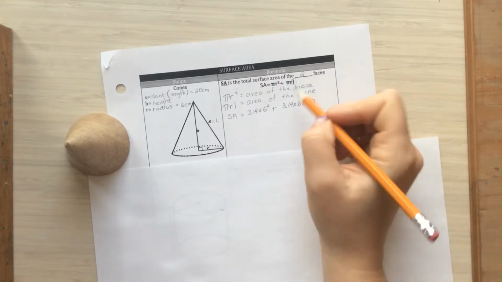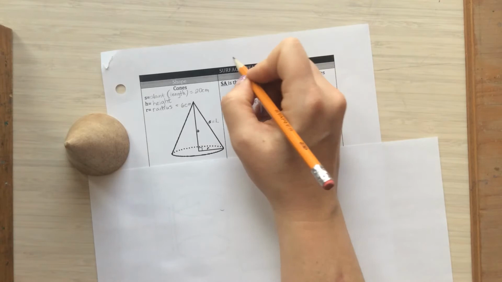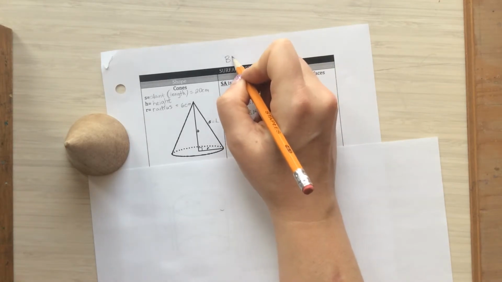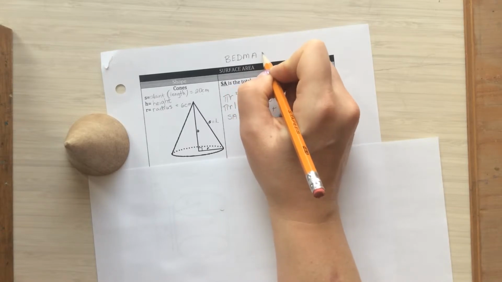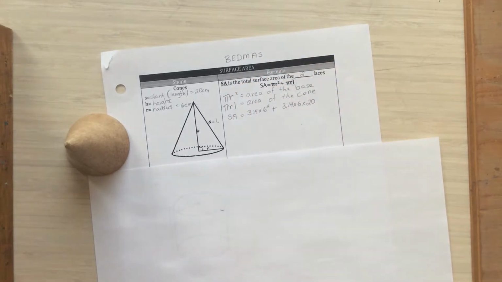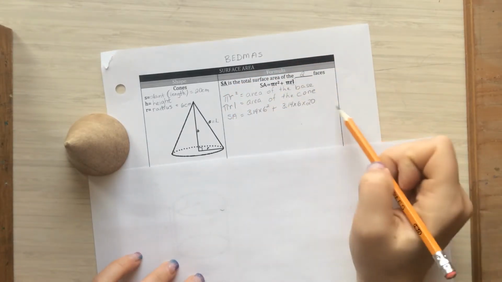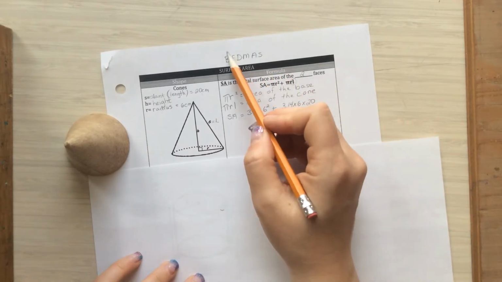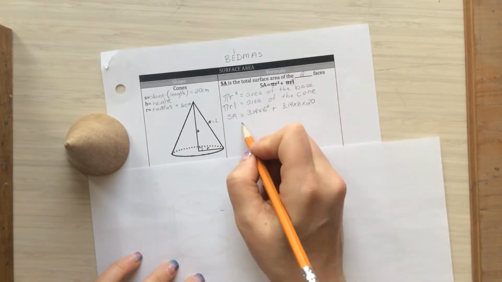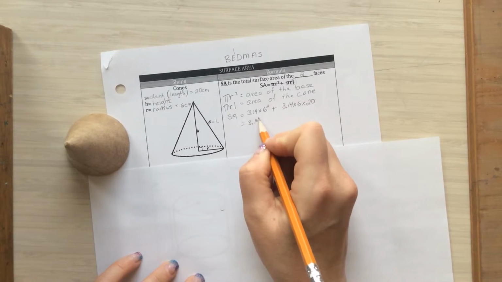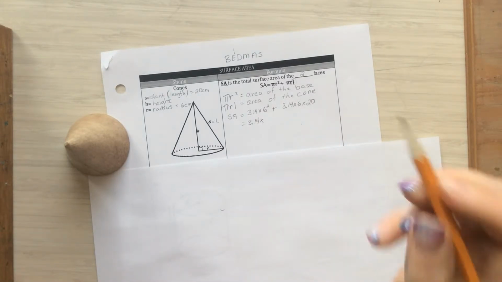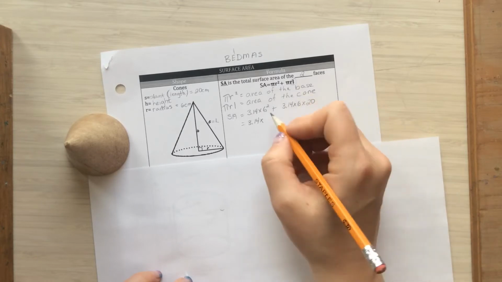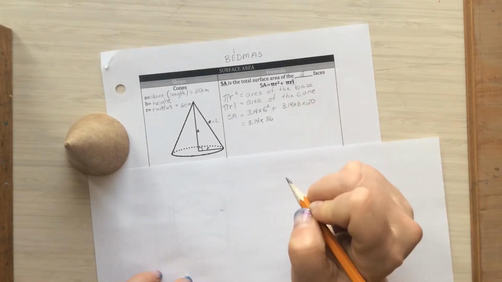Okay, so let's put some brackets in here so we can remember what we're doing. We've got our brackets, exponents, division, multiplication, addition, and subtraction. Brackets, we don't have any there yet, so the first thing we need to do is our exponents. So we're going to write that out: 3.14 times 6 squared. 6 squared is the same as 6 times itself, so 6 times 6 is 36.